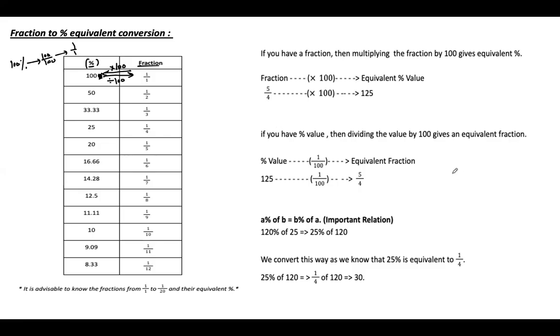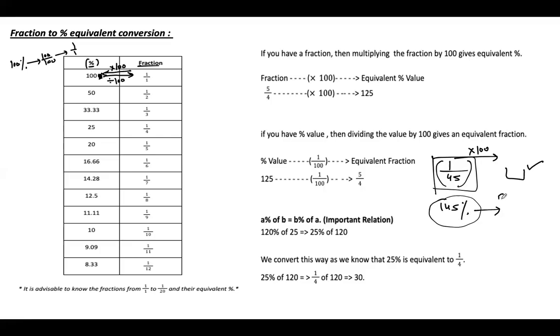If I have a fraction, for example, 1 upon 45, and I need to find the percentage value of this, I should be multiplying it by 100 to get the equivalent percentage. Similarly, if I have a percentage, for example, 145%, and I need to find the fraction form, I divide by 100. This would be 145 by 100.